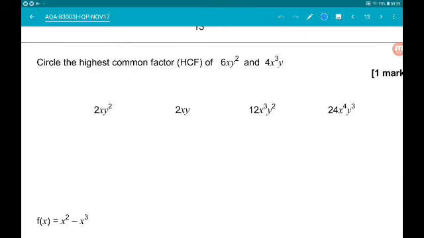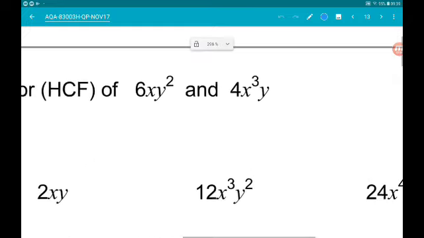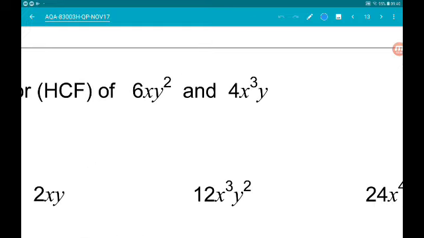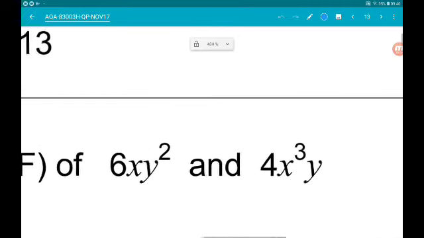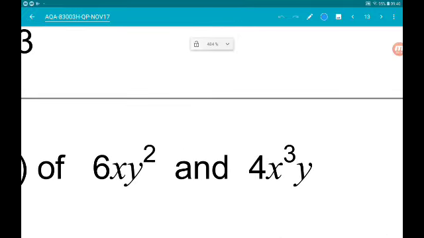In question 15, we're asked to circle the highest common factor of 6xy squared and 4x cubed y. So, highest common factor then. We got 3 different parts to each of these. We got a normal number, we got an x, and we've got a y part. So, just work left to right.